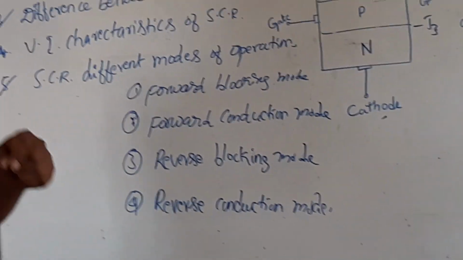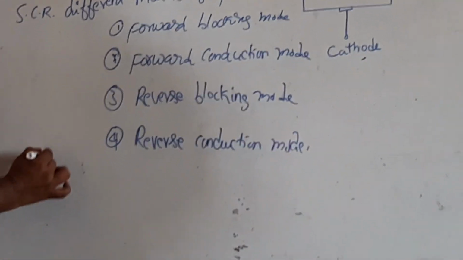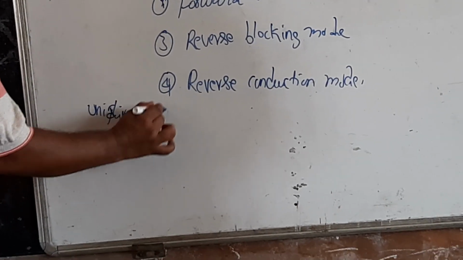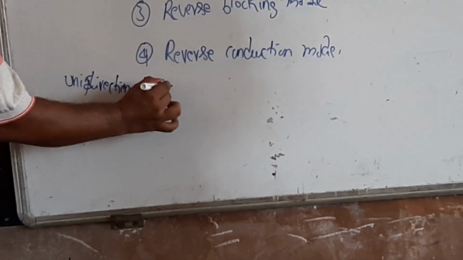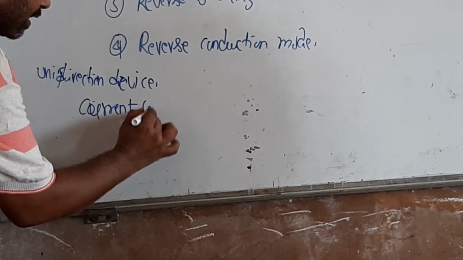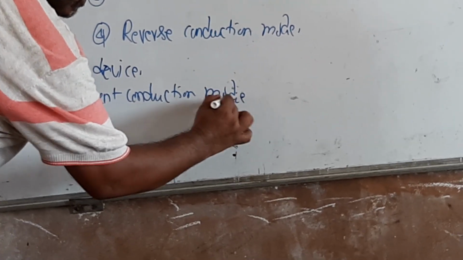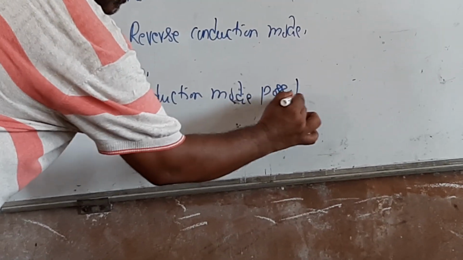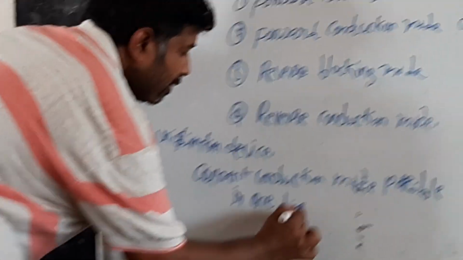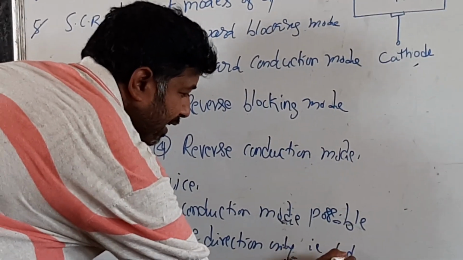The basic function and application are the same as the rectifier. It is also a unidirectional device, nothing but current conduction made possible in one direction only, that is the forward direction.